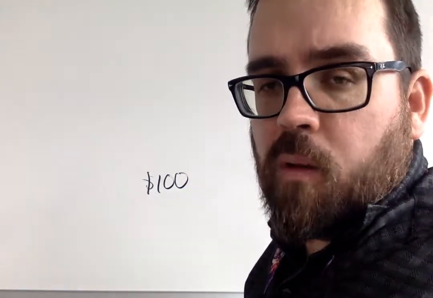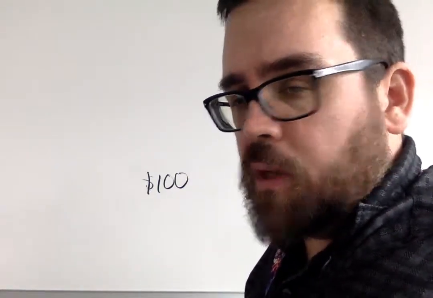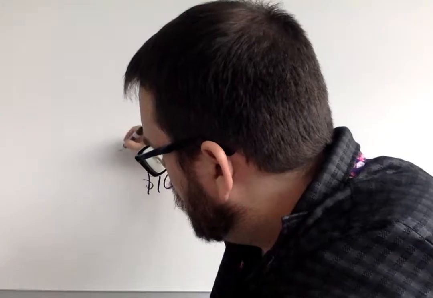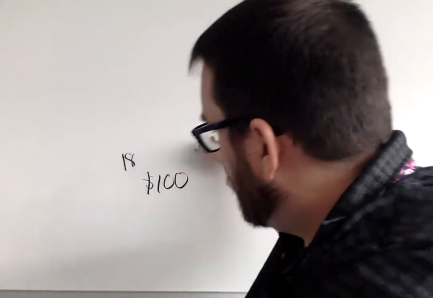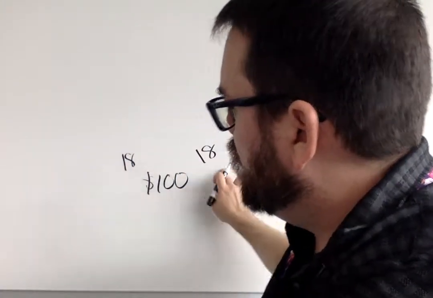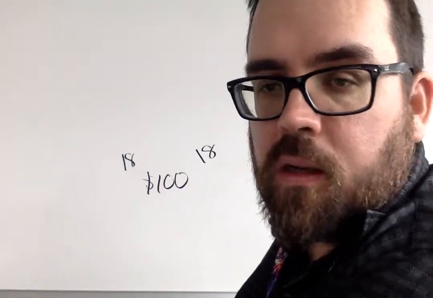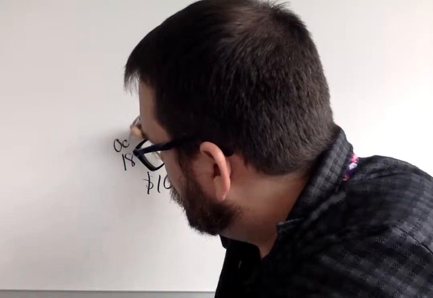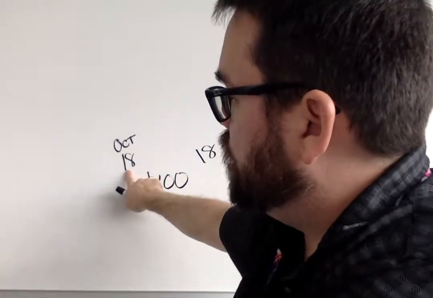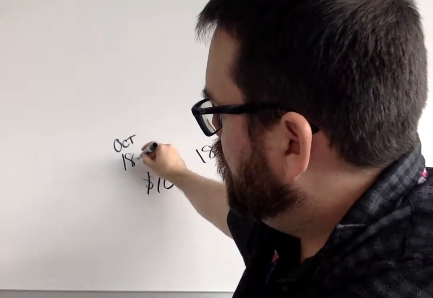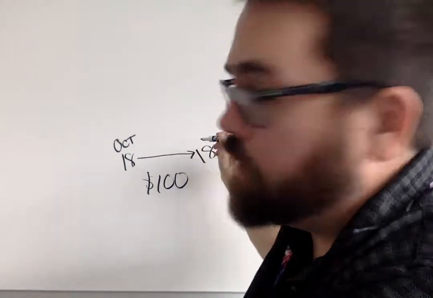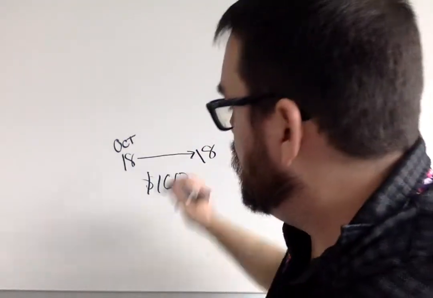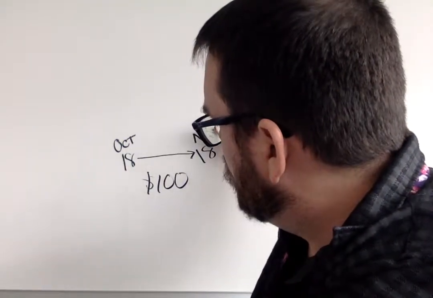If you're wanting to calculate a partial month of service, their bill cycle may be the 18th of the month, or the cycle day, or the billing date as it's known. So if on the 18th of October I'm going to receive my first bill, that bill will bill me for a month in advance, between October 18th and November 18th.